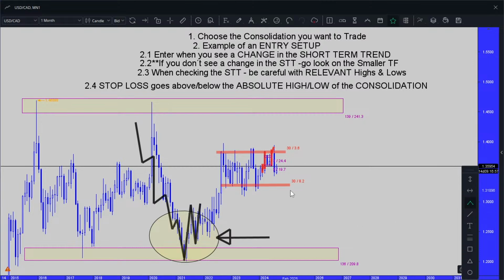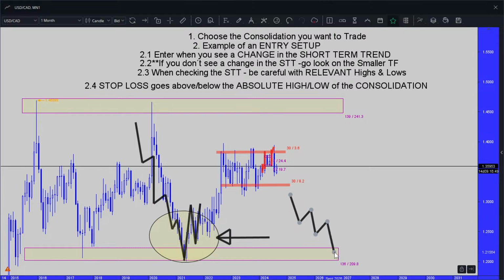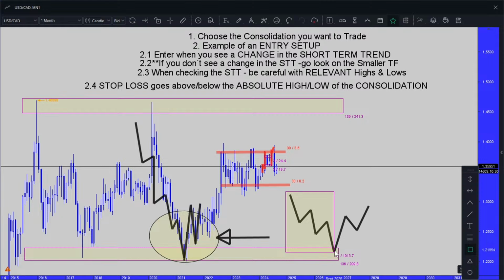So in theory, you must see the market making lower low, lower high, lower low, lower high, lower low, and then you must see a higher high, higher low, higher high. The requirement is that you must see both sides of the story. Does this make sense?